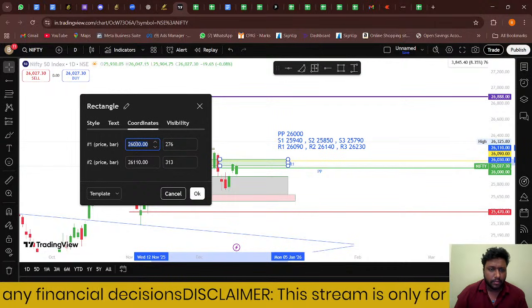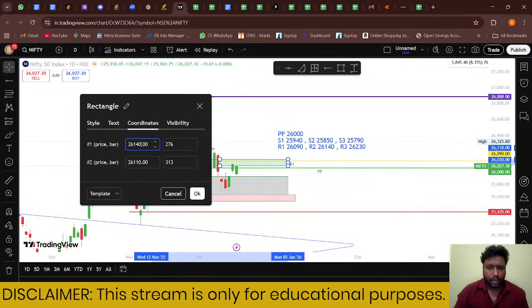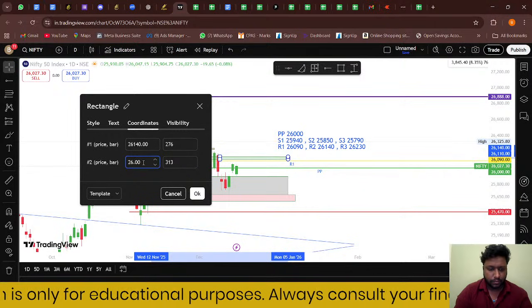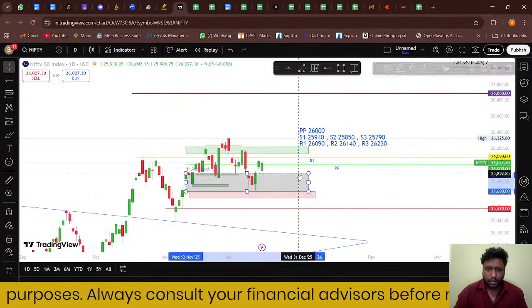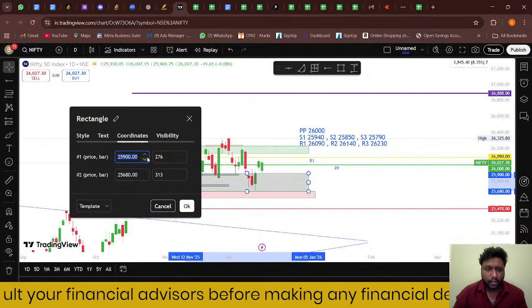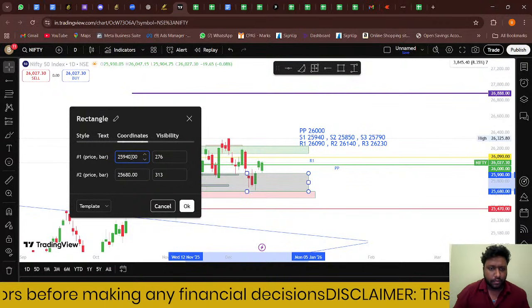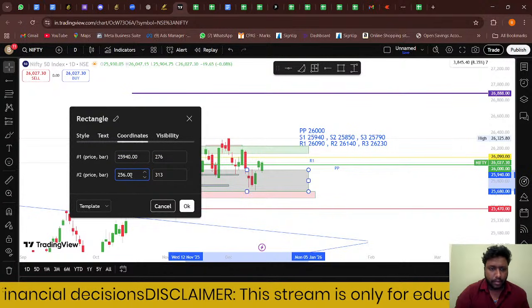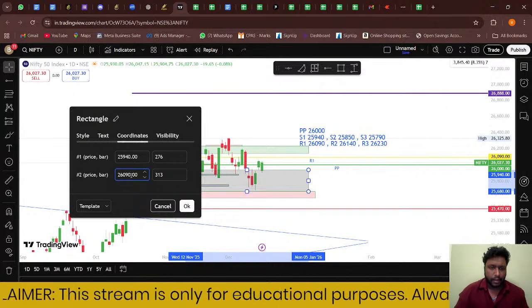The bullish zone is between 26,140 and 26,230. On the other side, it will be between support one, which is at 25,940, we will mark it out, and with respect to the other zone, our first resistance, which is at 26,090.